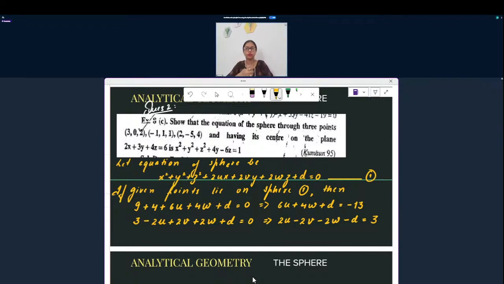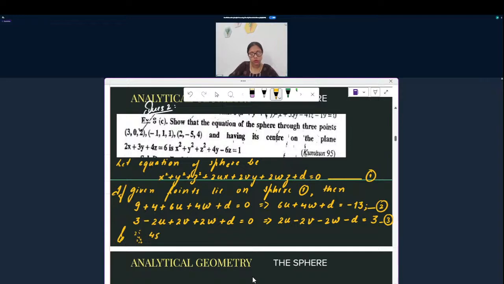I can add these two to eliminate d, but let's involve the third point also. The last one is 25, 4, 29, 16, okay, 45.